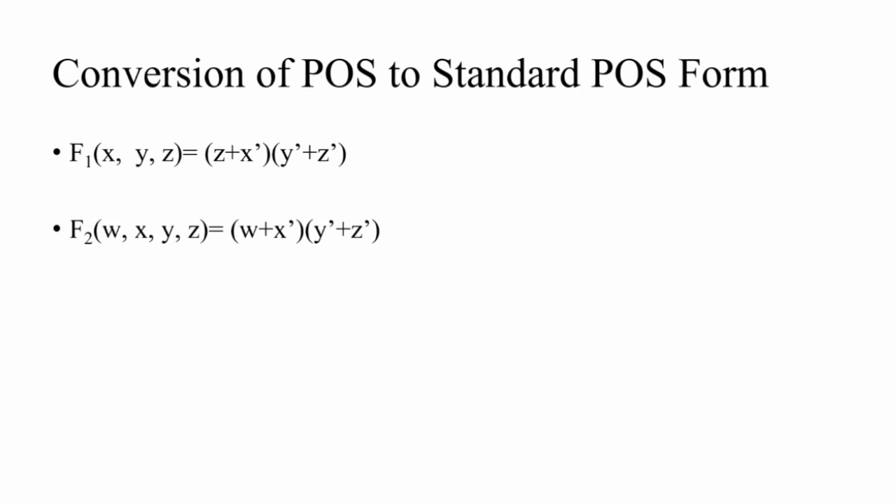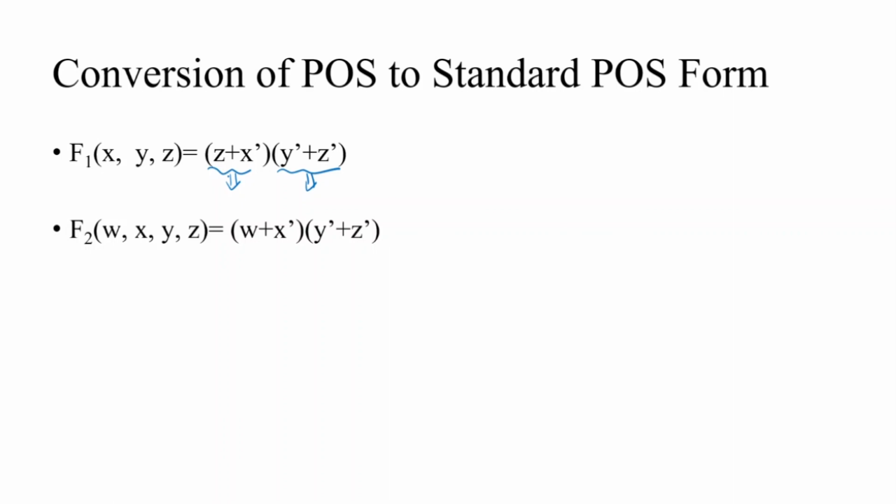Here is the first example, a function in POS form containing 3 variables. In this function, this is one OR term, a sum term, and this is another sum term, and these 2 OR terms are connected by an AND gate. These terms are also known as maxterms, and when the maxterm representation does not contain all the literals, the function is not in standard POS form.